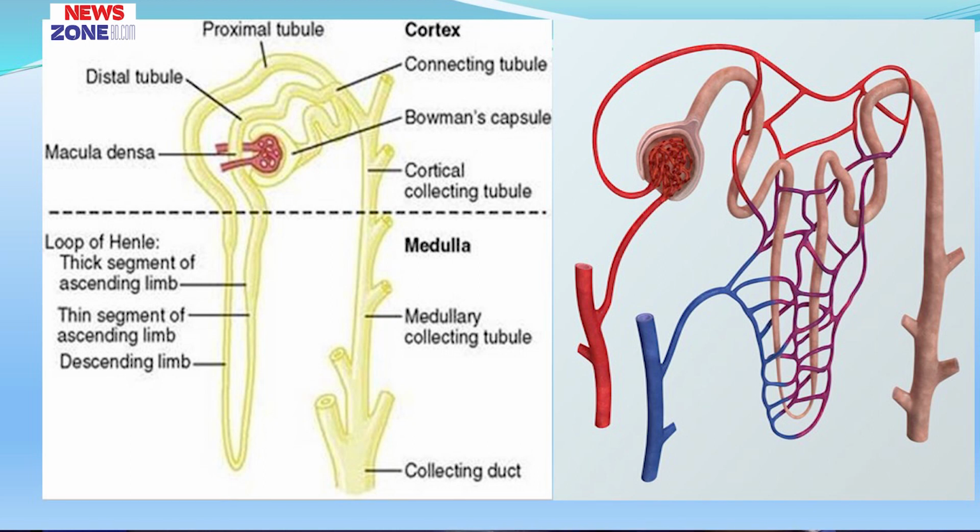From this diagram, you can see that the glomerulus, the Bowman's capsule and the convoluted tubules are located in the renal cortex, and the loop of Henle and the collecting duct are located in the renal medulla. So you should have a clear conception about the location of the different parts of the nephron.